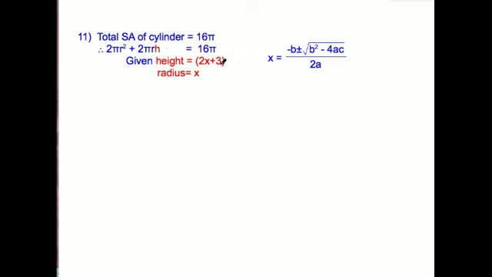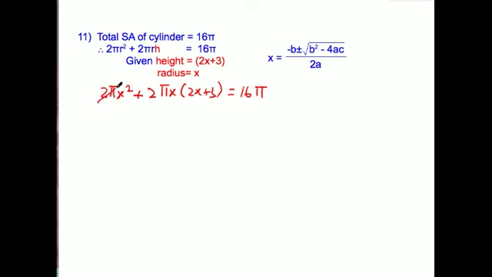Since the height is given as 2x plus 3 and the radius as x, we have 2 pi x squared plus 2 pi x times (2x plus 3) equals 16 pi.